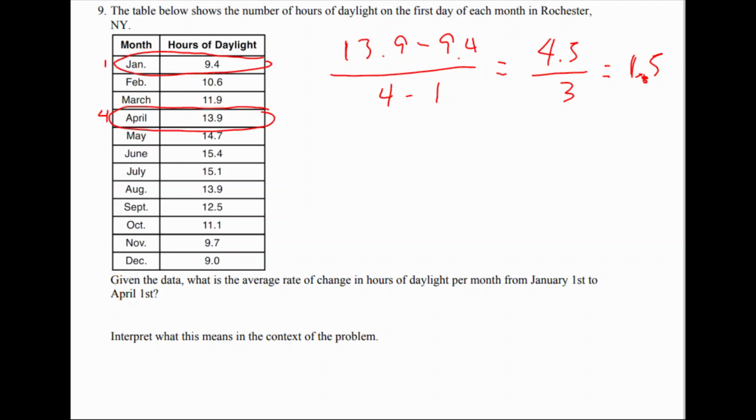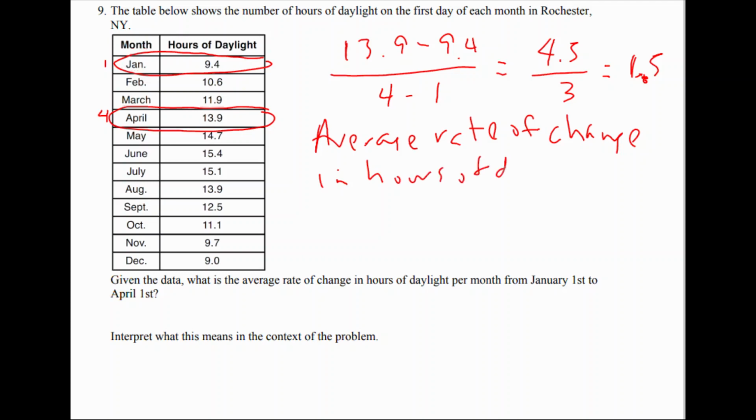So here, the average rate of change in hours of daylight is 1.5 hours per month. Okay, so that's what that average rate of change is.